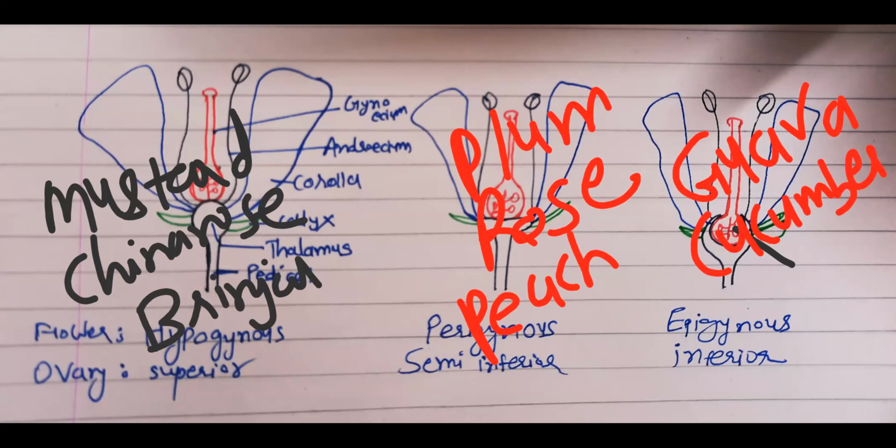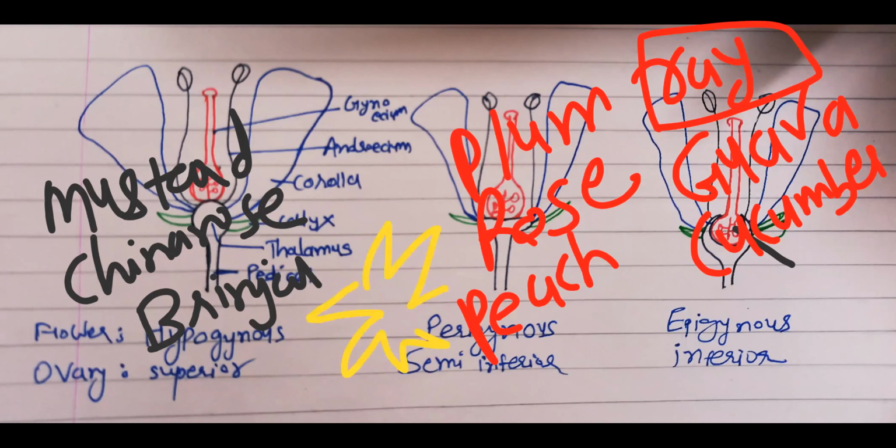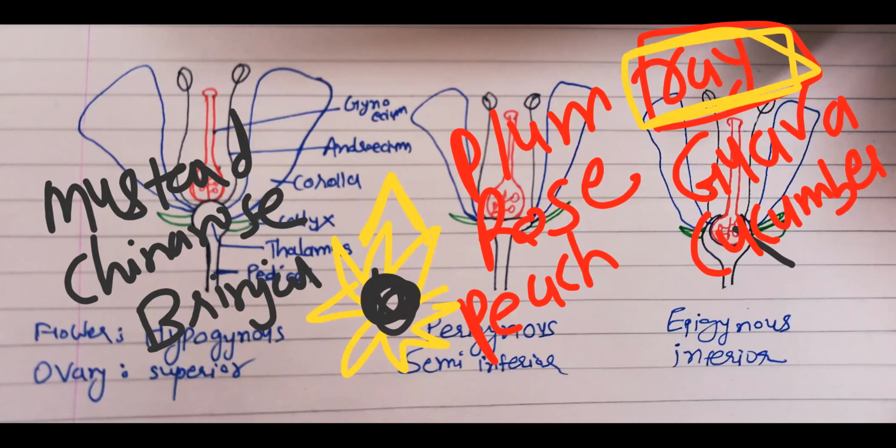Ray florets of sunflower, meaning what? When you observe a sunflower, the bright yellowish petals are on the periphery, and at the center a blackish part is present. This bright yellow color petals we call ray florets. The black ones we call disc florets.